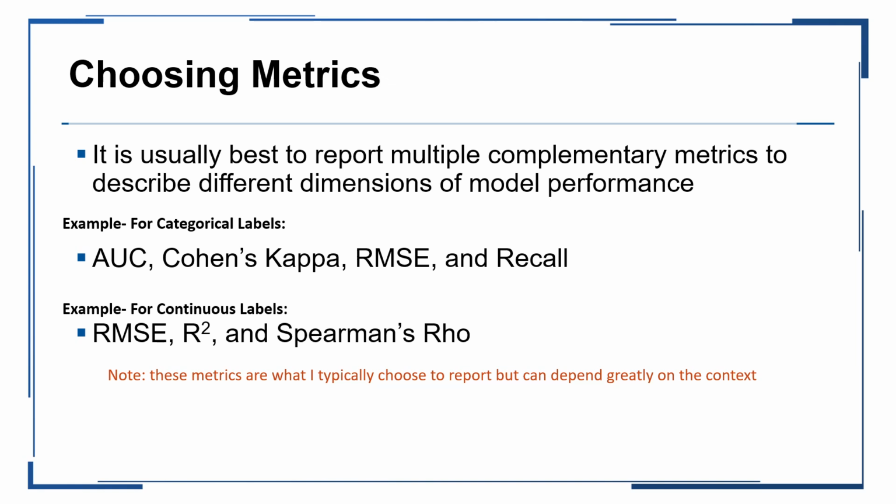F1 score, for example, is another common metric used in practice, which is just the harmonic mean of precision and recall, combining these two metrics into one. It is important, again, to identify metrics that describe different aspects of your model, but also it's important to identify metrics that will be recognized and understood by your intended audience, especially if you are tasked with describing how well your models perform.